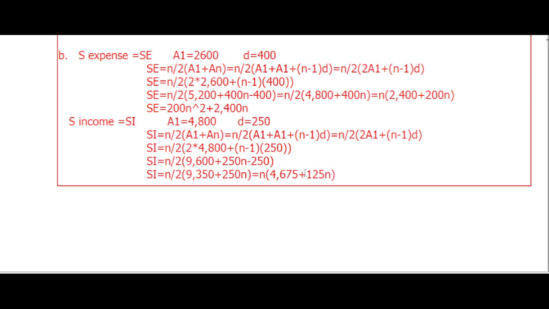Again, let's distribute n here. This times n is 4,675n plus this times n, 125n square.